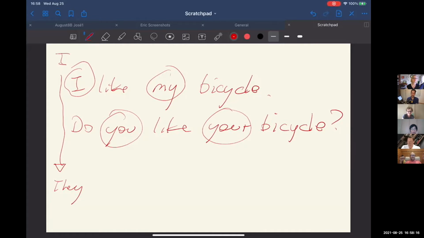I like my bicycle. Do you like your bicycle? You like your bicycle. Does he like his bicycle? He likes his bicycle. Does she like her bicycle? She likes her bicycle. Does it like its bicycle? It likes its bicycle. Do we like our bicycles? We like our bicycles. Do they like their bicycles? They like their bicycles. Do I like my bicycle? I like my bicycle. Do you like your bicycle?